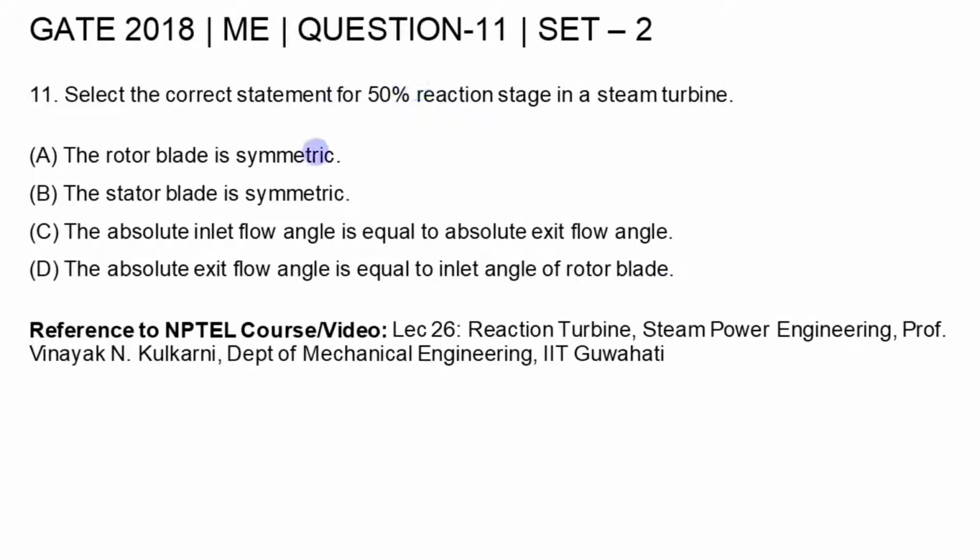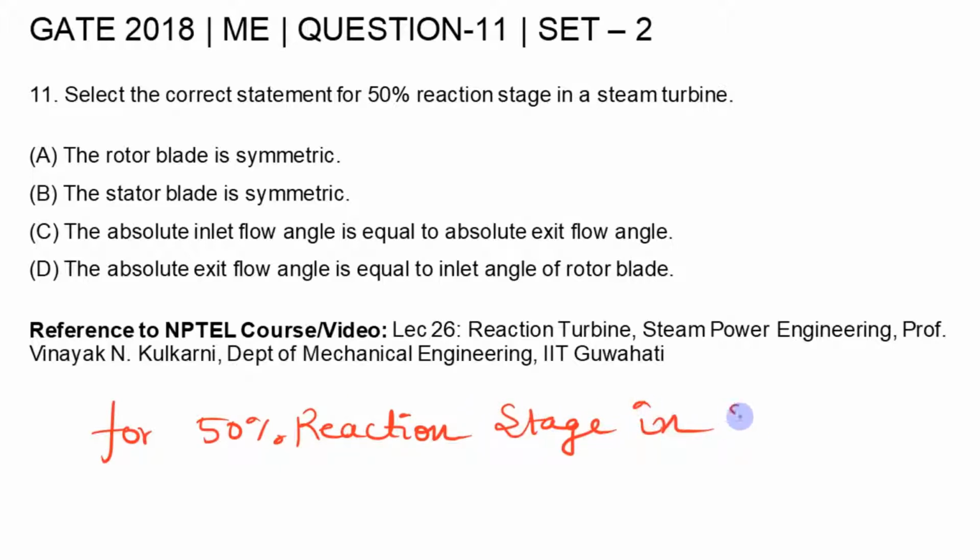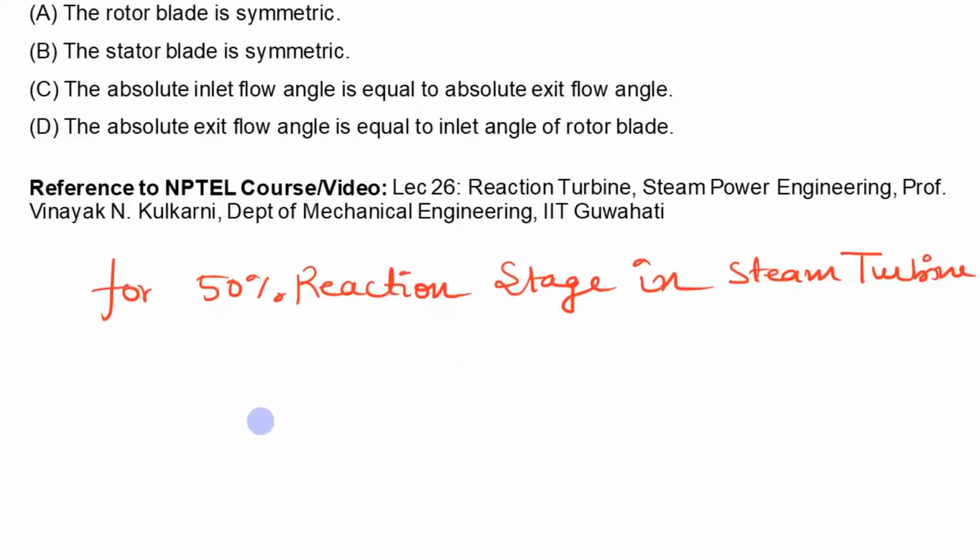Now for a 50% reaction stage in a steam turbine, what happens here is the enthalpy drop in the moving blade is equal to the enthalpy drop in the fixed blade.